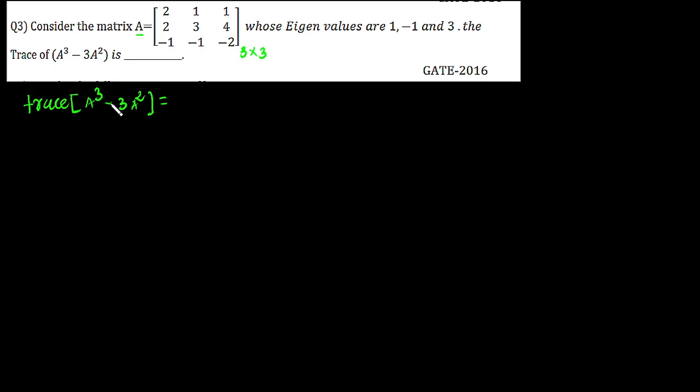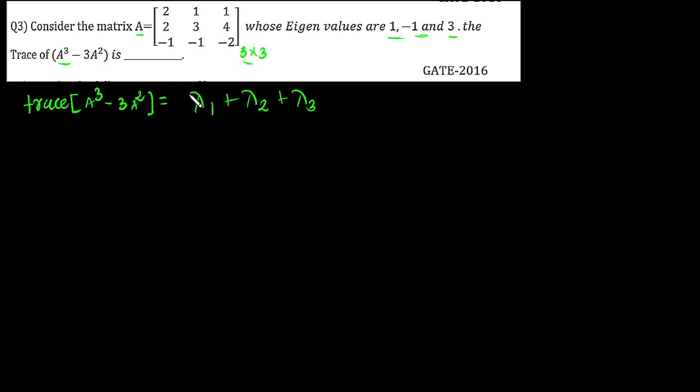But here the shortcut way is to use the concept of eigenvalue, because the eigenvalues of this matrix A are given in the question. The trace of any matrix is nothing but the sum of all eigenvalues. So let's assume it has eigenvalues lambda 1 plus lambda 2 plus lambda 3, because it is a 3 cross 3 matrix, so it has 3 eigenvalues.